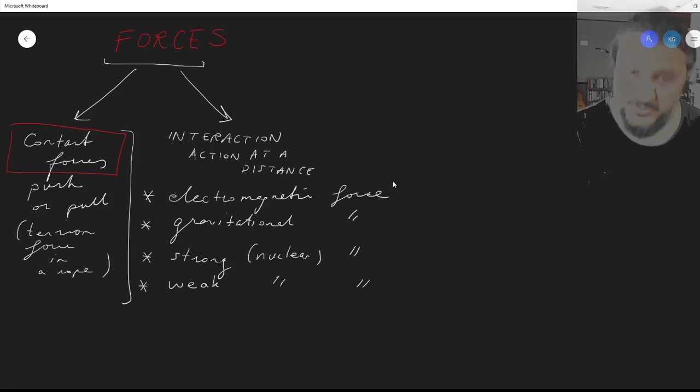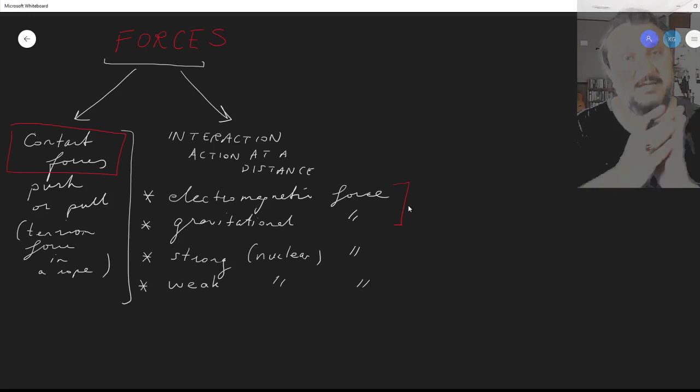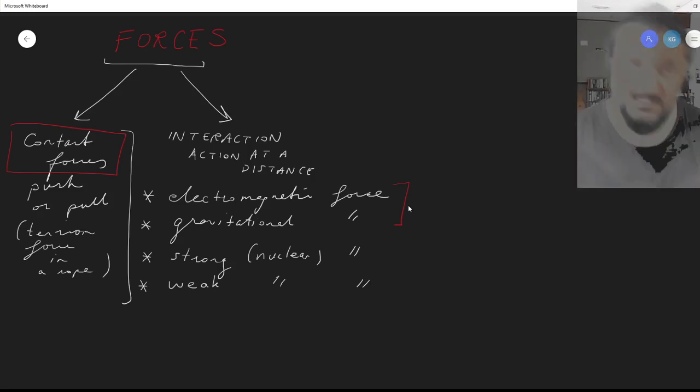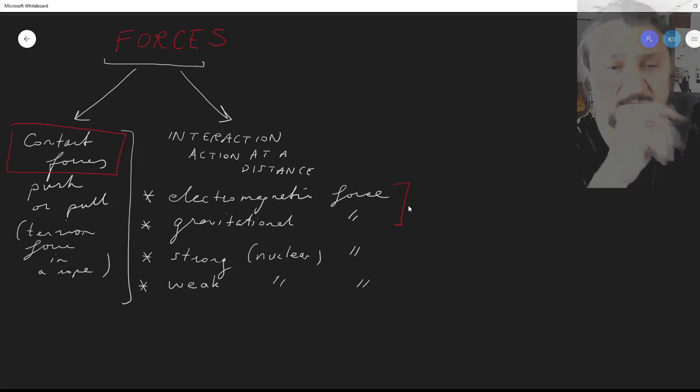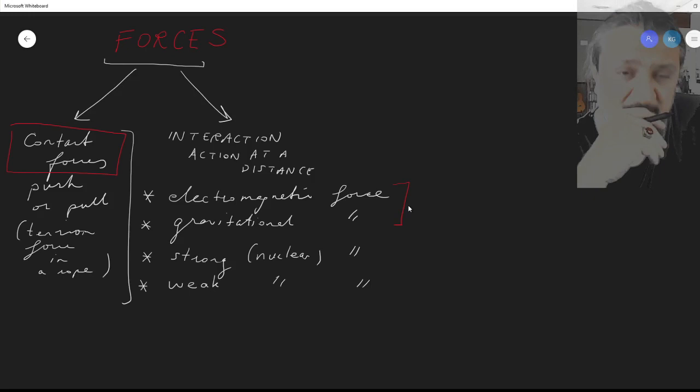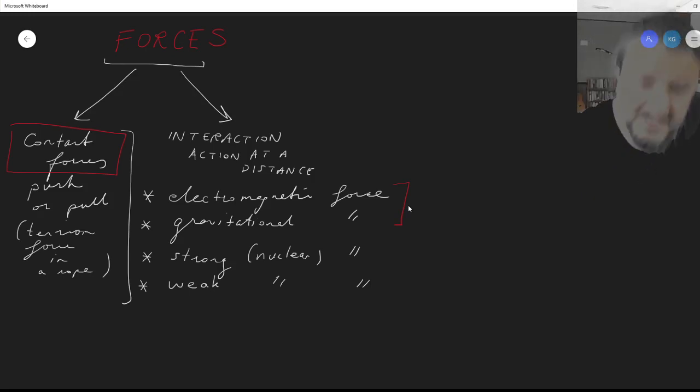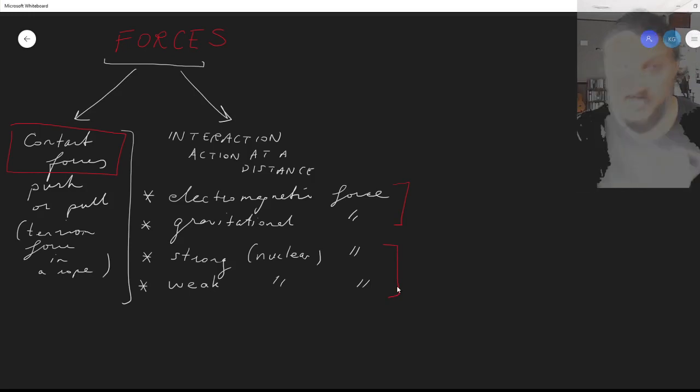Although both electromagnetic force and the gravitational force in principle extend all the way to infinity in space, it's only the gravity that is dominantly responsible for any kind of motion on a large scale. So these two forces, on the other hand, are only short-range forces.